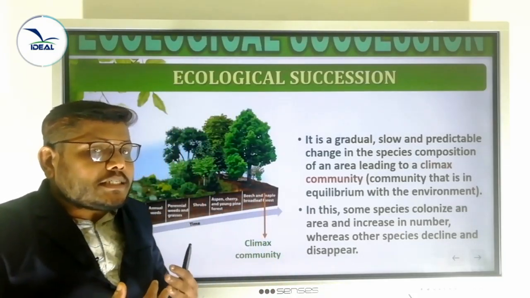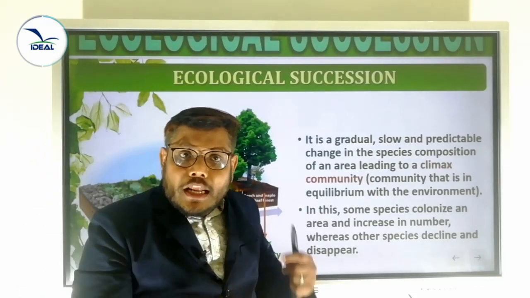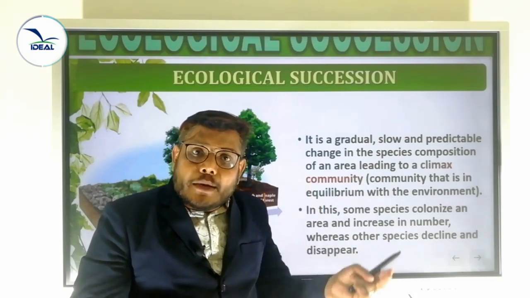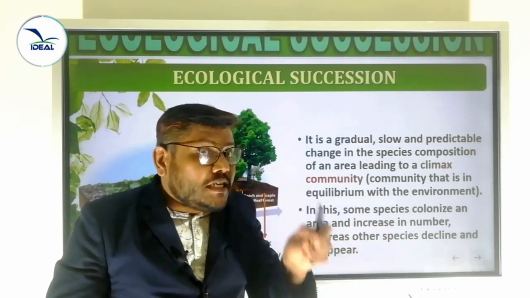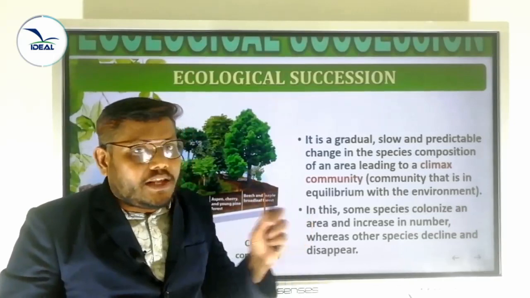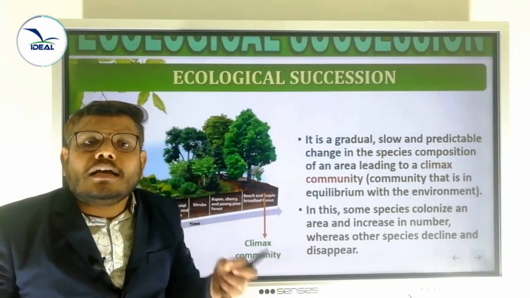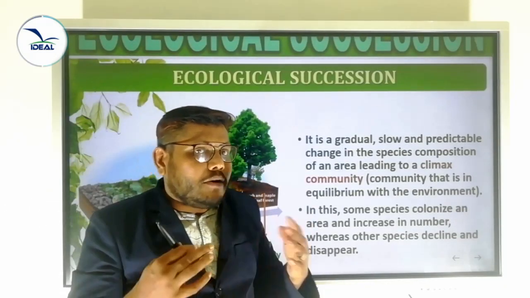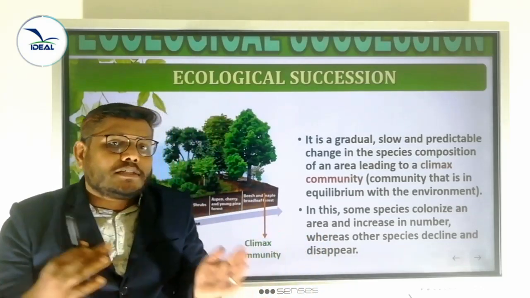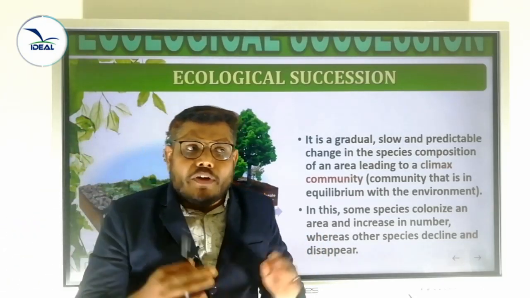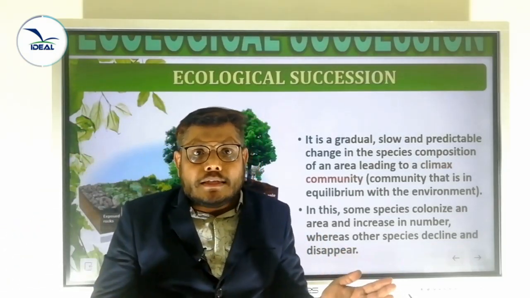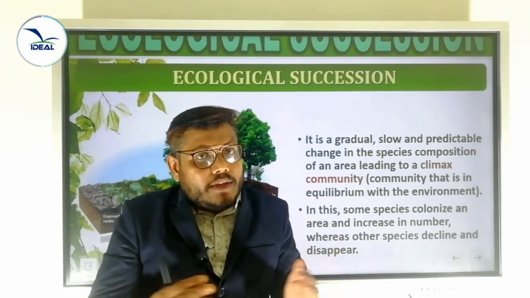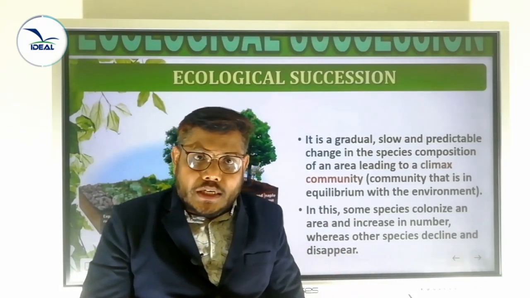We know what species composition is: it is the structural feature of an ecosystem. The different varieties of plants and animals occurring in an ecosystem are called species composition.